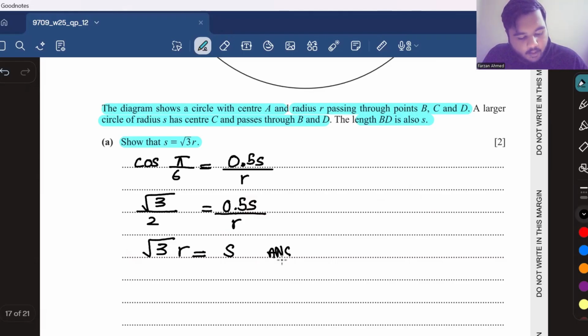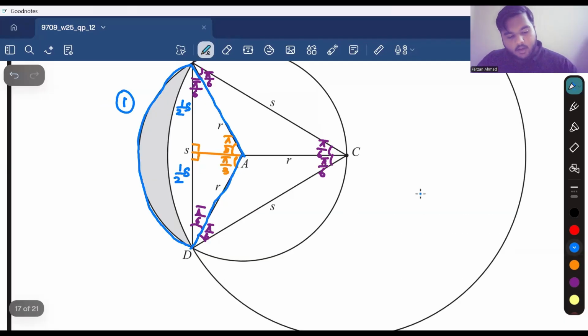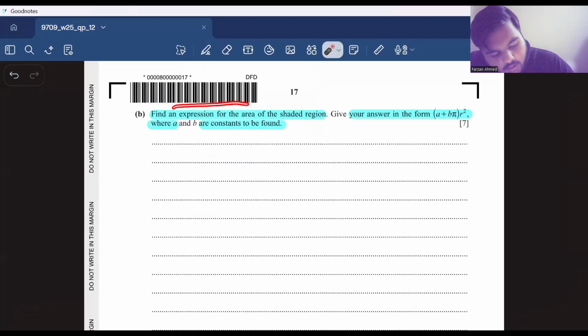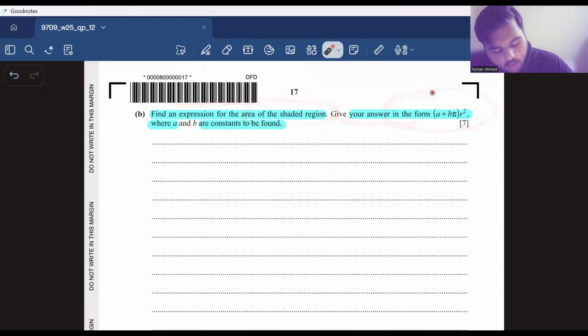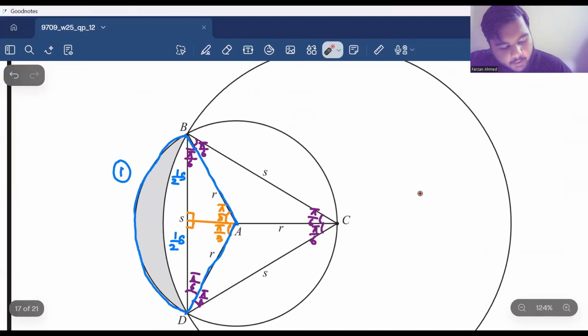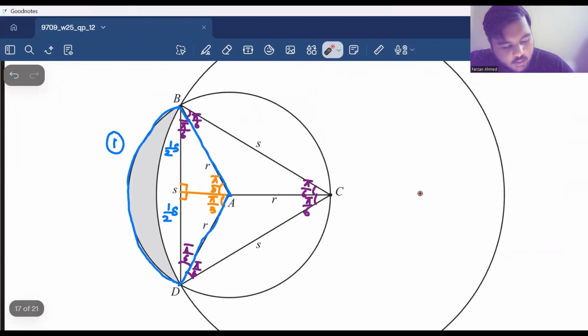Okay. Now in part B, they are saying find an expression for the area of the shaded region, giving your answer in the form of a plus b pi r squared, where a, b are constants to be found. So first of all, look, this is the area of the shaded region.